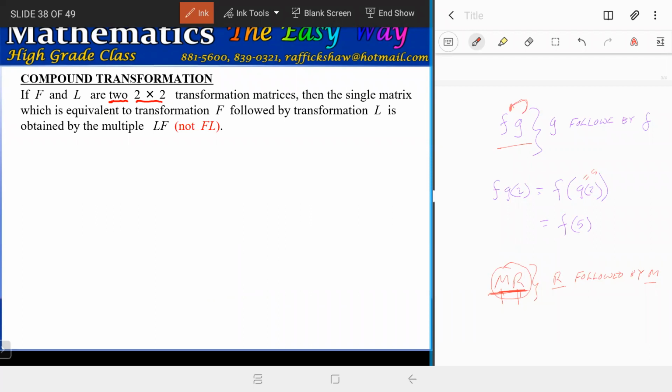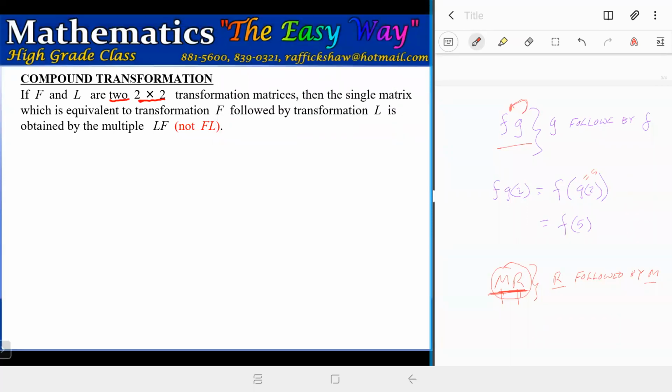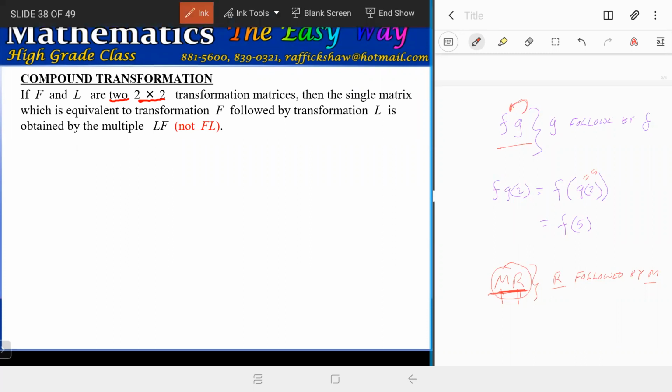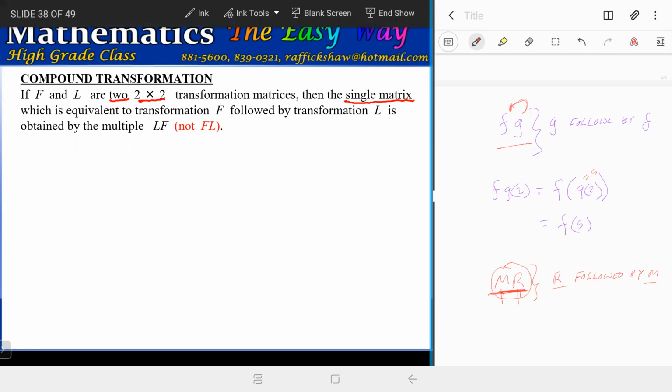All right, so let's go again. If you have two by two transformation matrices, then the single matrix which is equivalent to those two transformation matrices, where you have the first one followed by the last one. That's what the F stands for, first and last.